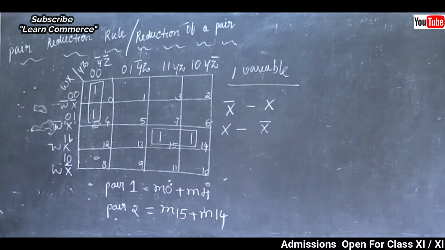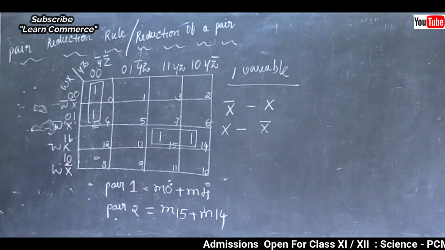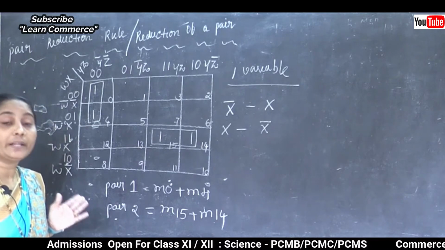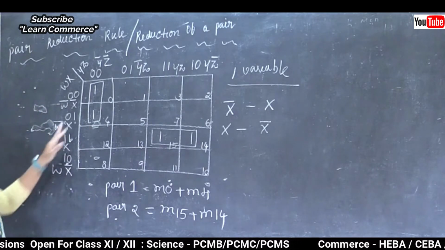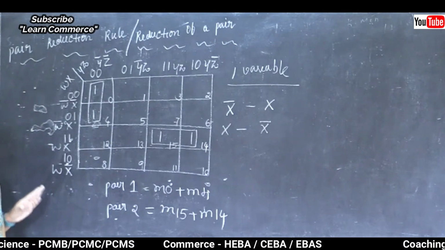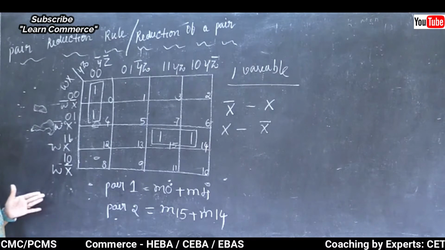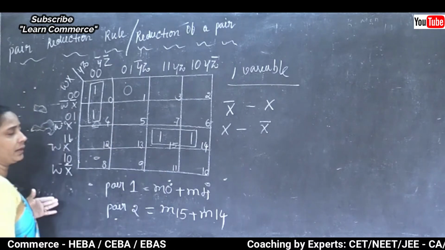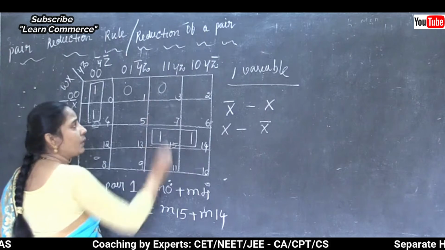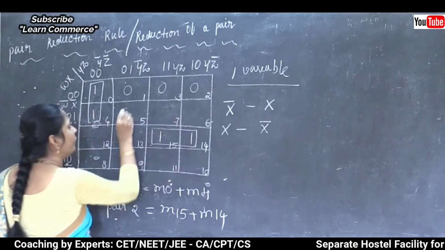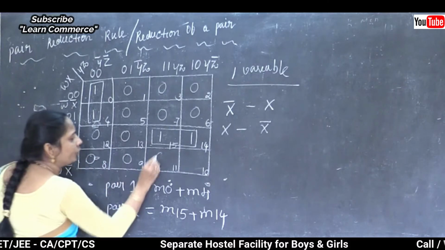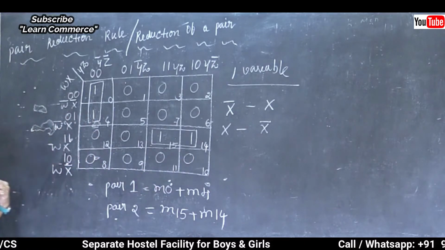Now I am going to make the reduction, and we know the most important note: the pair reduction rule removes one variable only. What about the rest of the squares? If values are not given for a numbering scheme in the SOP form, in the rest of the squares we need to use the value 0.